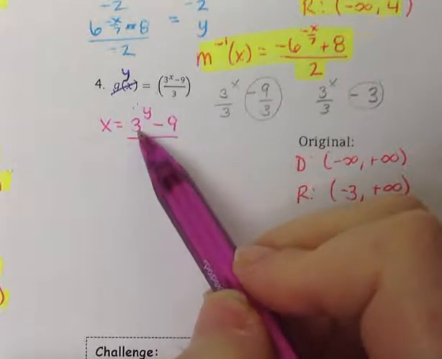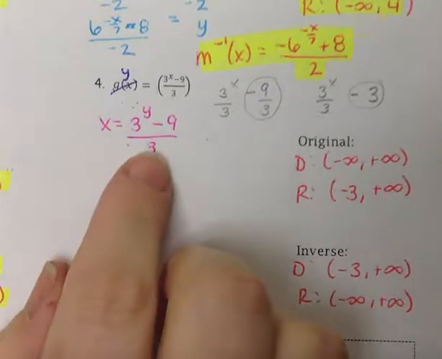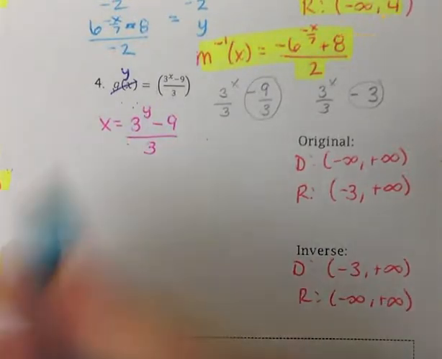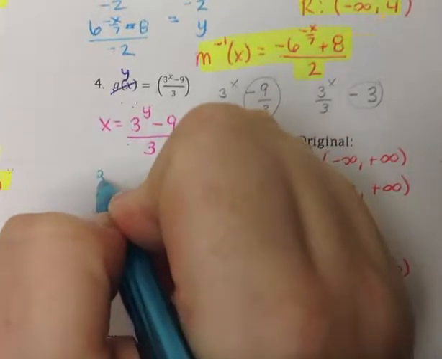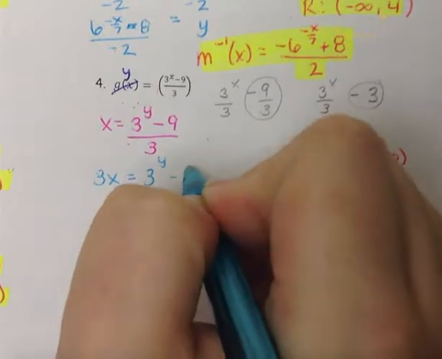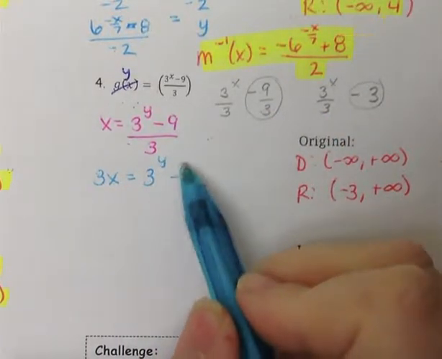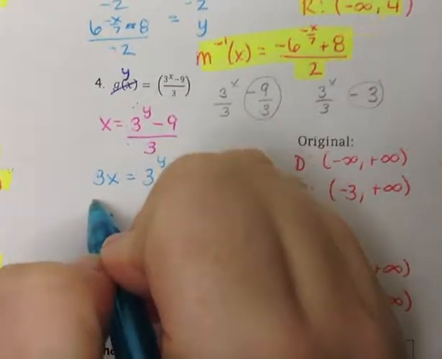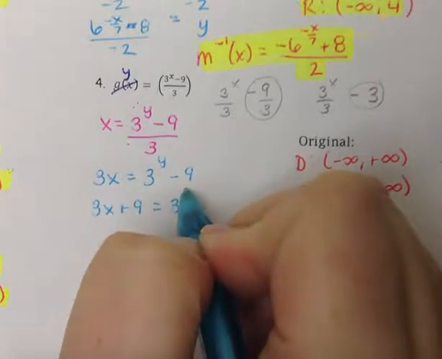So we have to undo everything that's attached to it. So that 3 on the denominator, we need to multiply away to the other side to get it off the denominator. So this will become a 3 times x is equal to a 3 to the y minus 9. That 3 to the y still needs to be alone, so we have to add this 9 to the other side. We'll have 3x plus 9 is equal to 3 to the y.